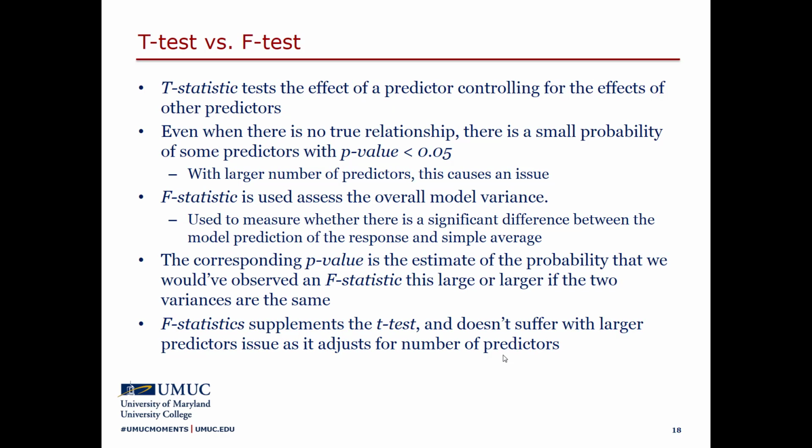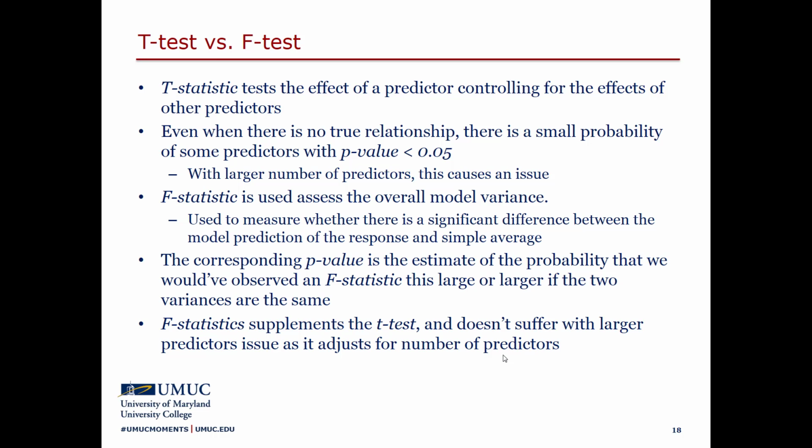Now, I want to talk about the difference between the t-test and the F-test. Earlier we used the t-test to do the hypothesis testing of the estimated parameter. The t-statistic tests the effect of a predictor controlling for the effect of other predictors.